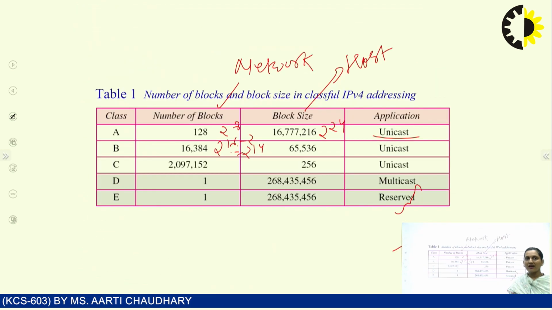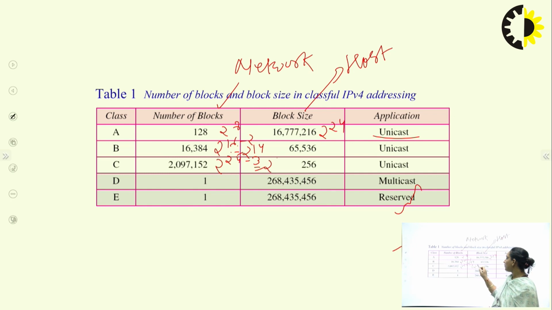So here we are having 2 raised to power 24 minus 3 bits, that is 2 raised to power 21, and this is 2 raised to power 8, and this is 2 raised to power 16 here. So these are the number of networks and hosts in classful addressing.